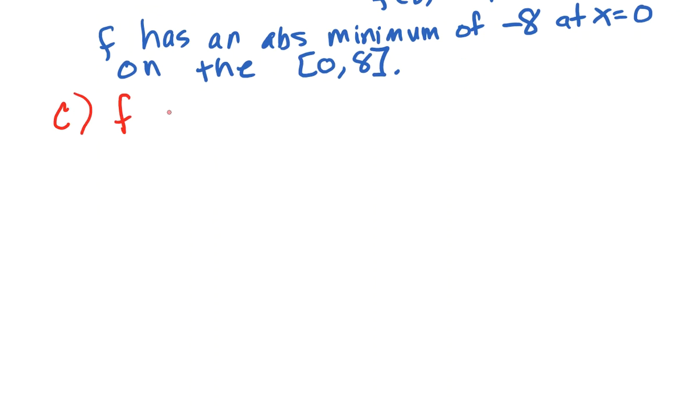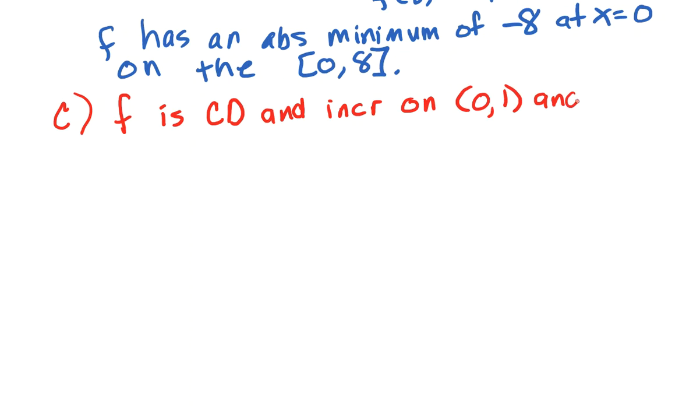And you could write this in a couple sentences. Let's see if we can combine it. f is concave down and increasing. Those two intervals were from 0 to 1. Don't include the endpoints. There's no concavity there.